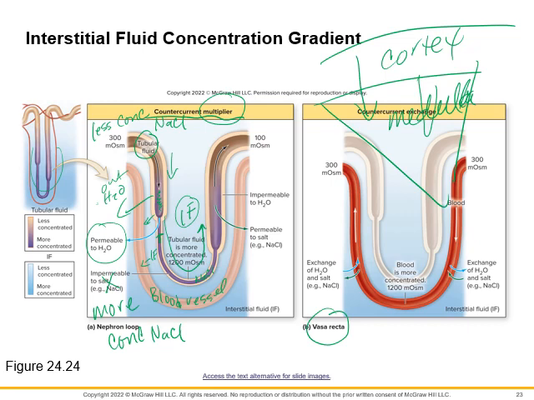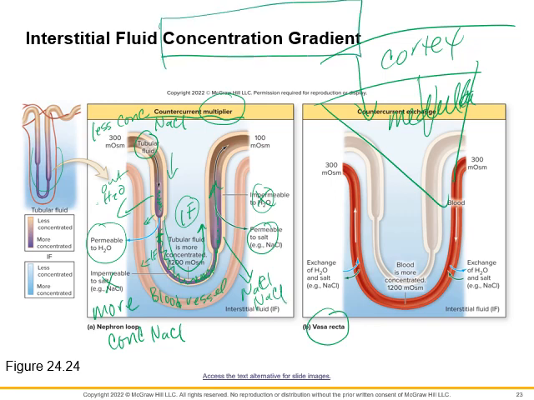In the ascending limb, it's permeable to salt and impermeable to water. Just by having this loop, we push the water out on one side, we concentrate lots of sodium chloride in the tube, and then in the ascending limb, we push lots of sodium chloride out into the interstitial fluid. So we are changing the concentration gradient.